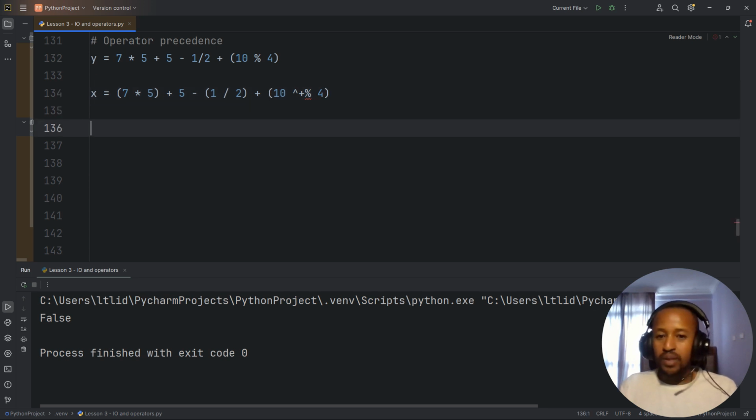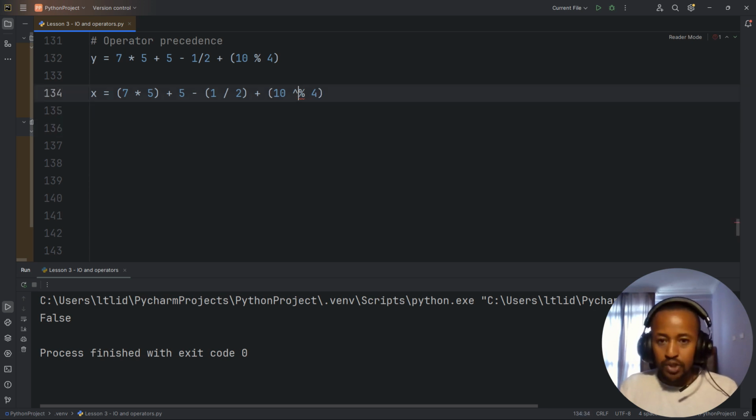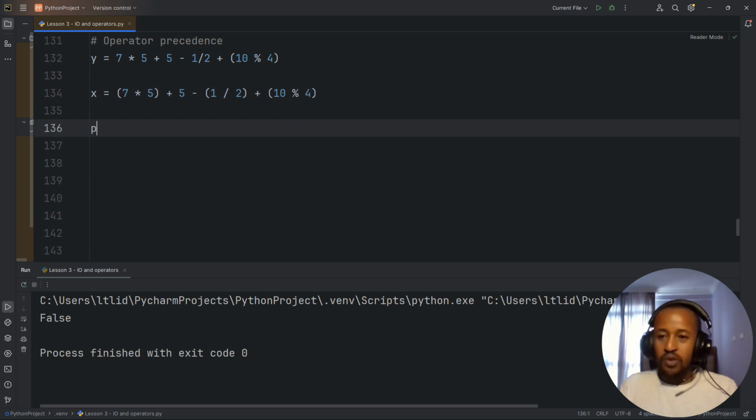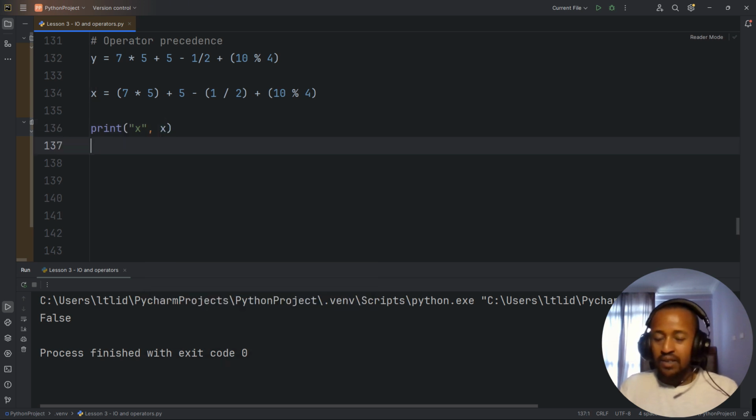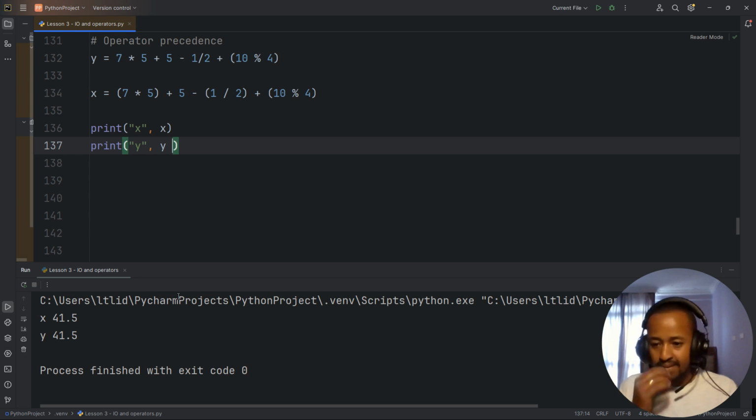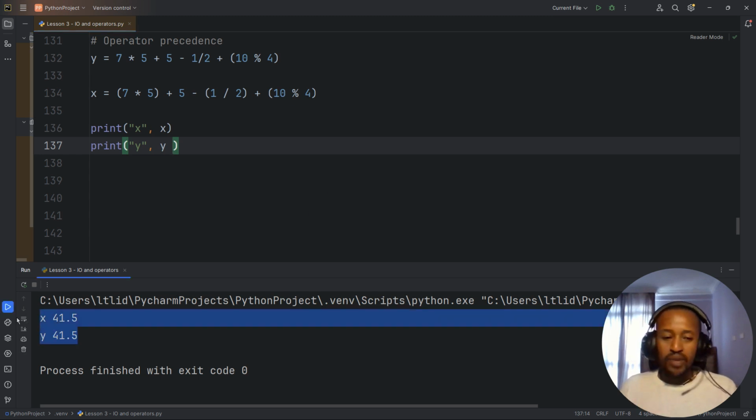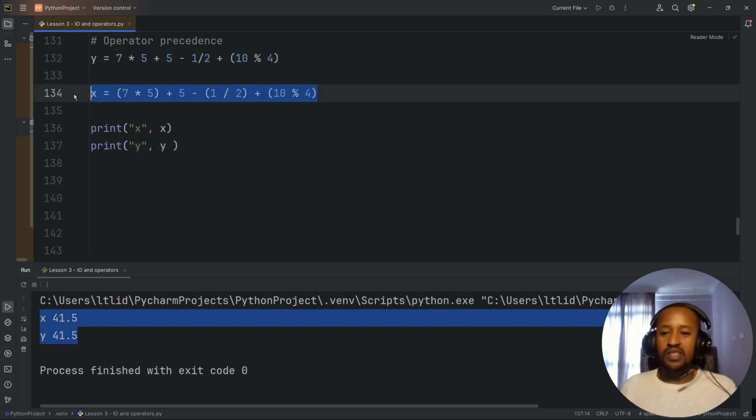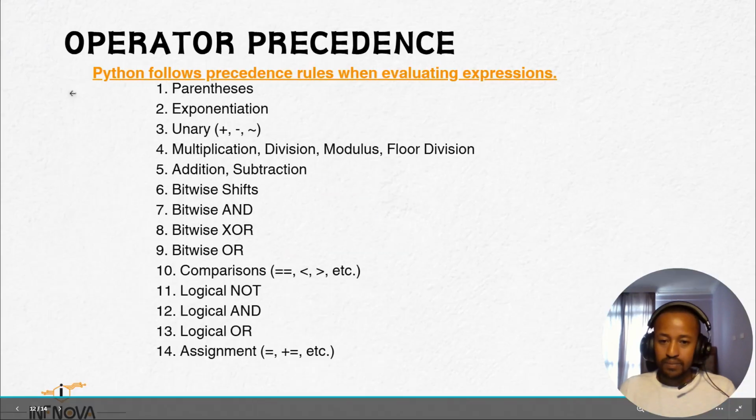If we go ahead and print this, the values for x and for y are going to be the same. You see, they're both the same thing. It's just that this one is simpler for you when you read the operation.